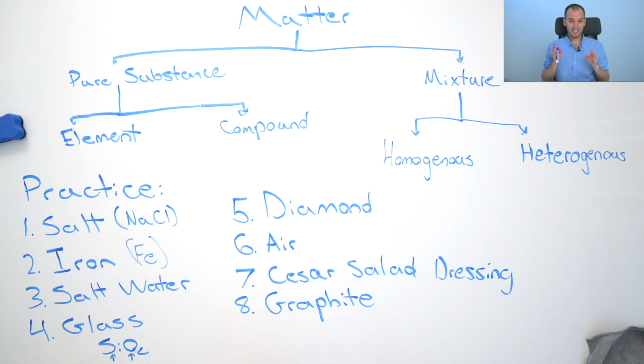Diamond can actually be impure. So if you have a really good diamond, it's clear, it's colorless, it's a flawless diamond, it will be just carbon. Now, there's some fancy diamonds out there that have very, very small impurities, as in it's making it not pure. Those can change the color of the diamond.